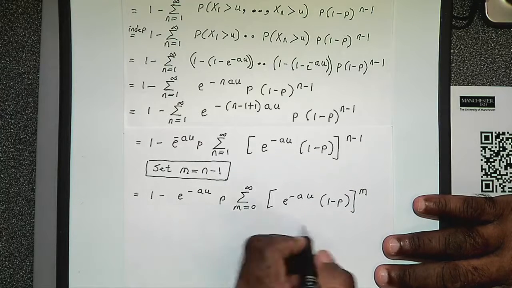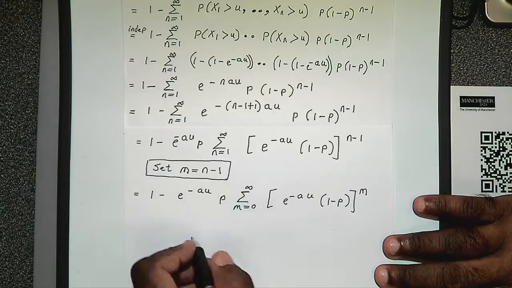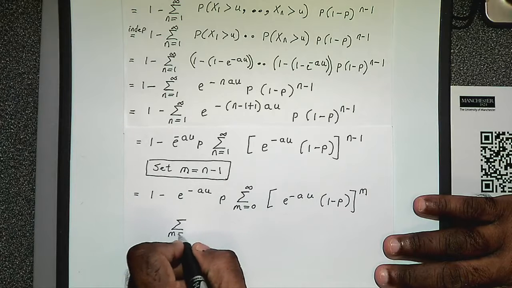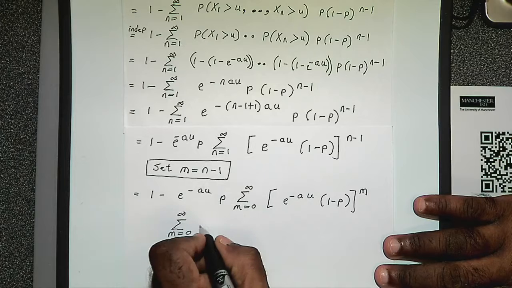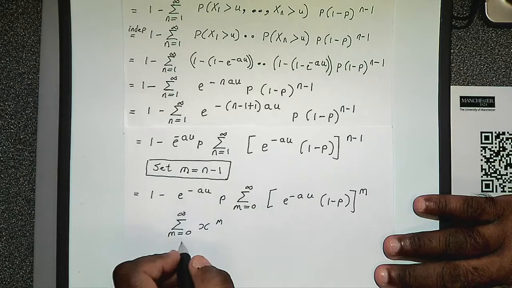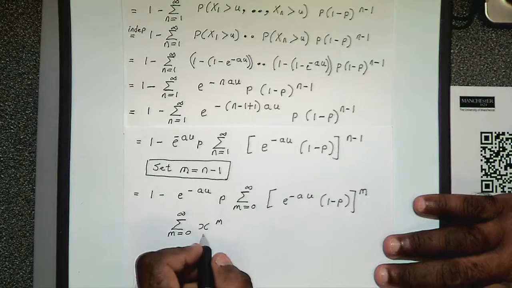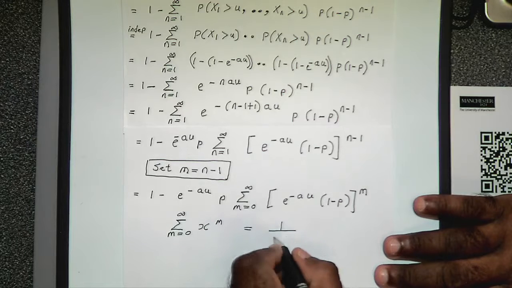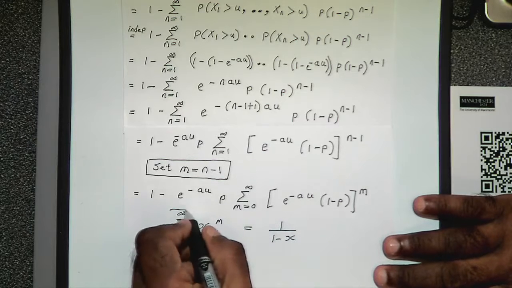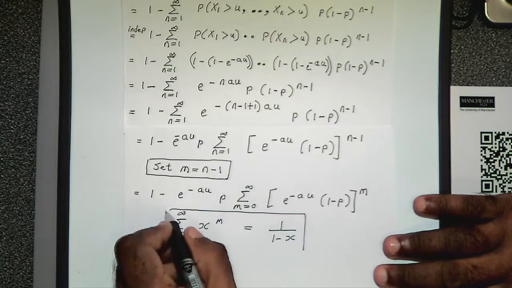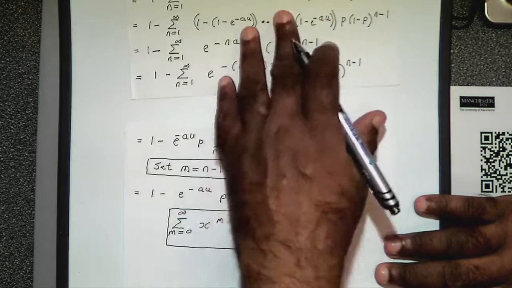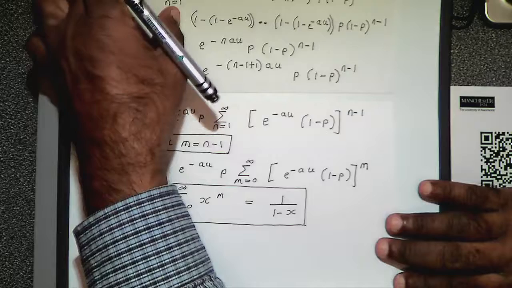Right, now there's a formula which says that, you might have seen this before, I don't know. If x is a number that is less than 1, then this sum is equal to 1 divided by 1 minus x. Do you remember this or no? You might remember, I don't know.